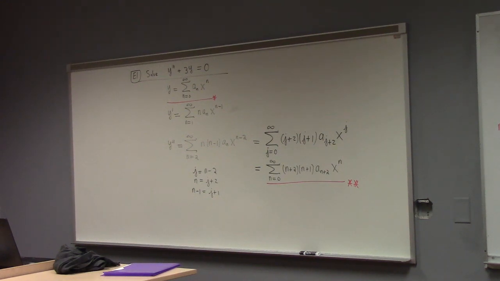Because this allows you to see that you're actually looking at what? A sub 0 times the cosine of what? This is actually a sub 0 cosine of the square root of 3x plus a sub 1 times the sine of the square root of 3x.